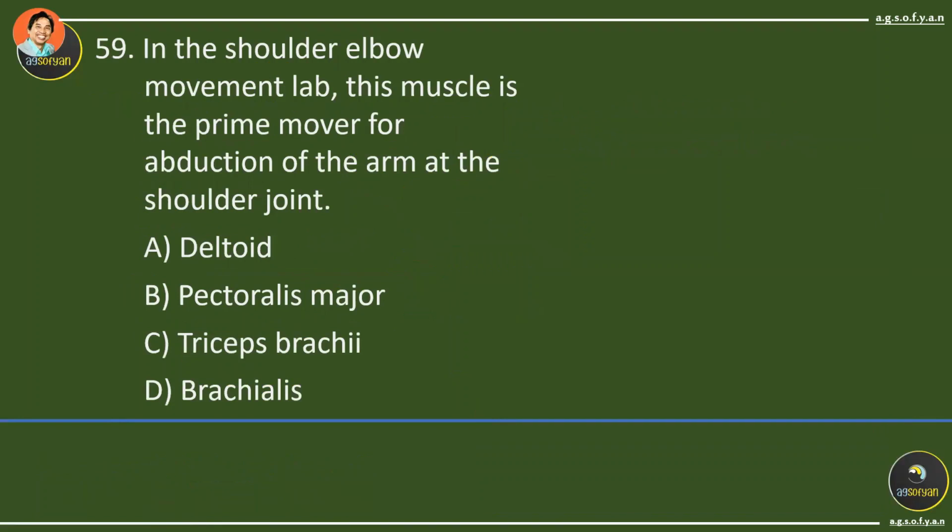In the shoulder elbow movement lab, this muscle is the prime mover for abduction of the arm at the shoulder joint. So this is now the same lab experiment, but on the shoulder joint. Abduction means when we move our arm away from our body.